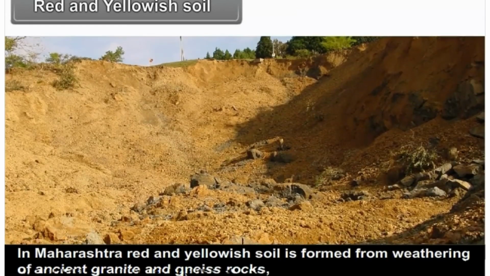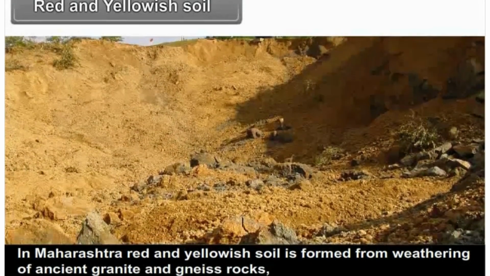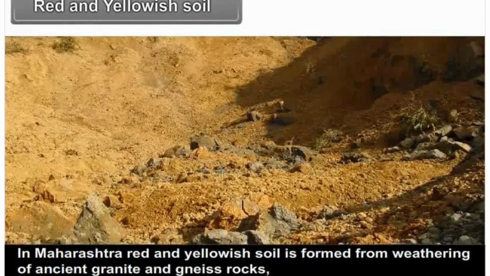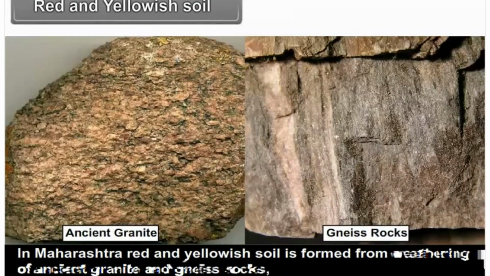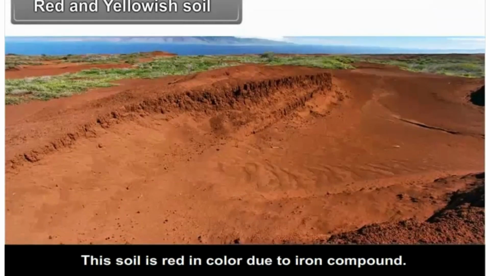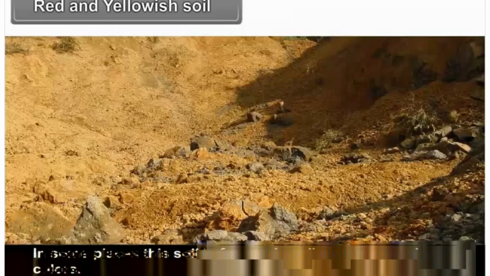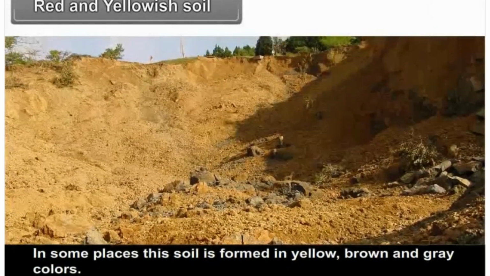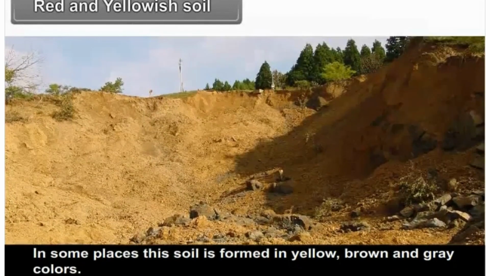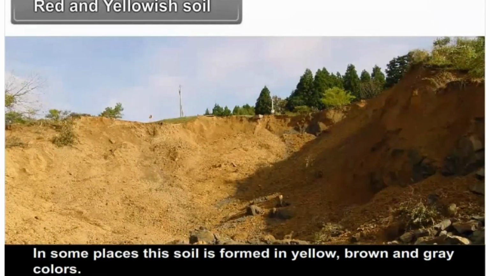Red and yellowish soil. In Maharashtra, red and yellowish soil is formed from weathering of ancient granite and gneiss rocks. This soil is red in color due to the iron compound. In some places, this soil is formed in yellow, brown, and grey colors.